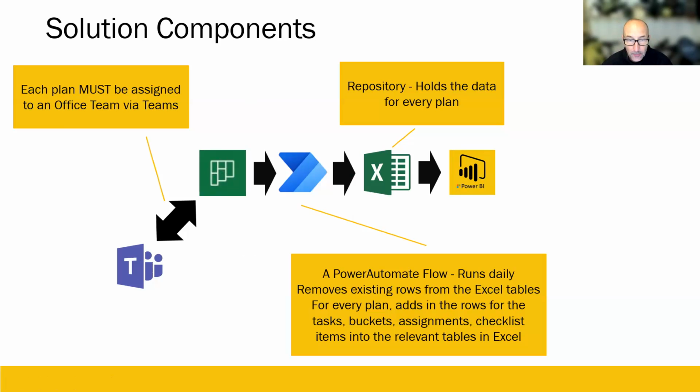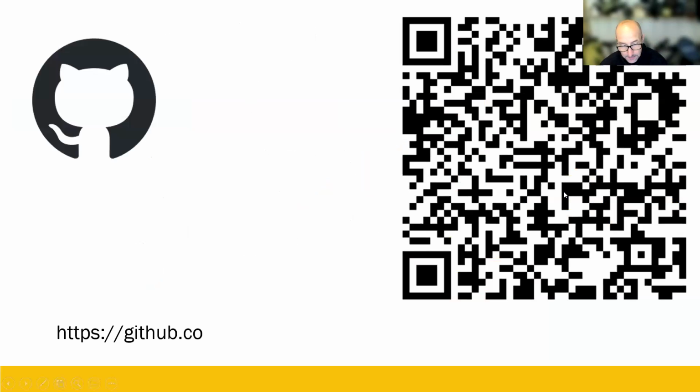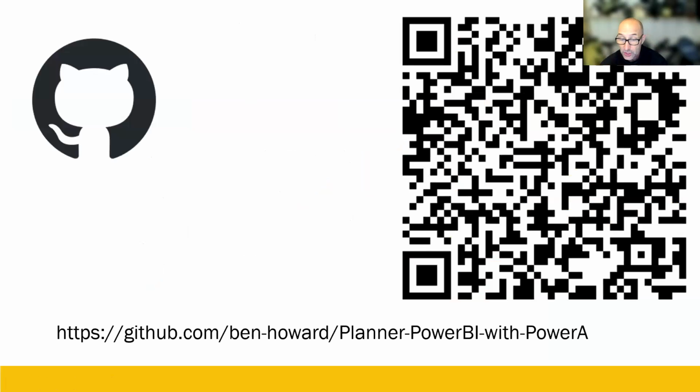Come back and have a look at this slide sometime, because what I'm going to show you is actually on GitHub. You can go and grab this little lot from GitHub. There's the URL, and I'll leave this on the screen for another 30 seconds. You can get your cameras out and take a quick photo of that.